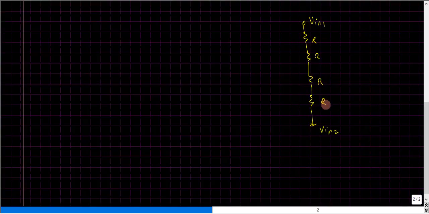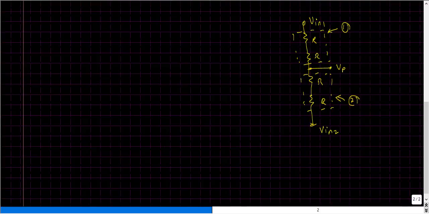I assume that all four resistances are the same, and I have a node VP here, and the circuit is symmetric about this node VP, which means that I have 2R at the top and 2R at the bottom. I'm going to label the top one as circuit number 1 and the bottom one as circuit number 2.